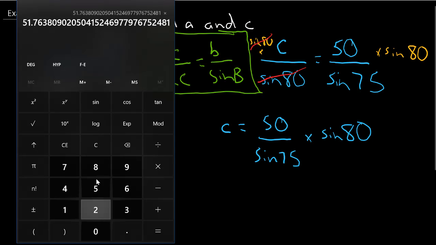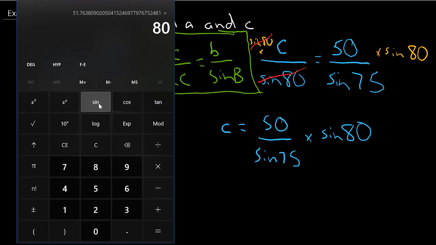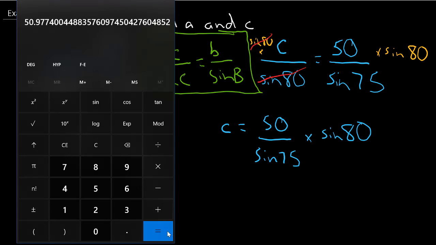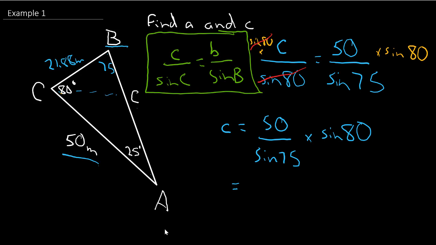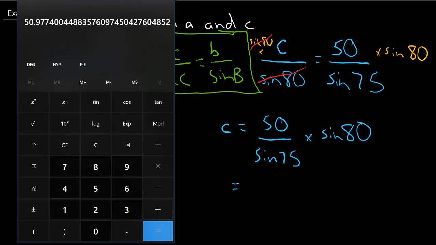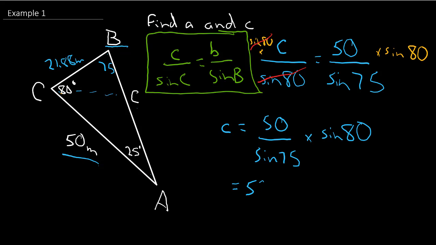So times 80 sine, which equals 50.977. I'm going to round it up to 50.98 meters. And that's the end of the first example.